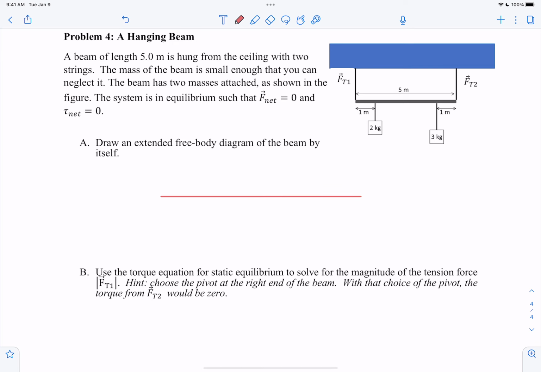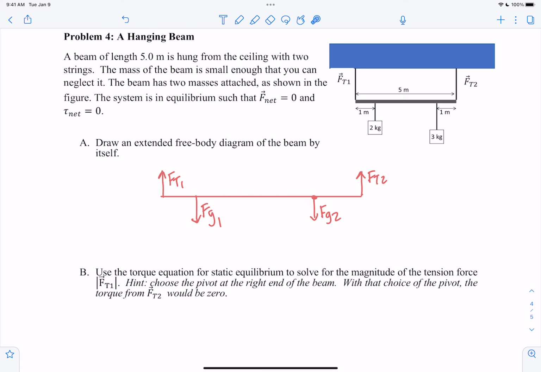We have the beam. We have tension force 2 like this, tension force 1 like that, both pointing upwards, pulling it upwards. And then you have these masses here, force of gravity due to the first mass and force of gravity due to the second mass.